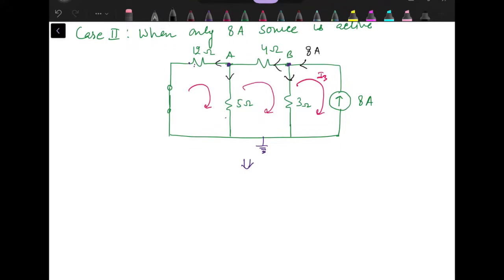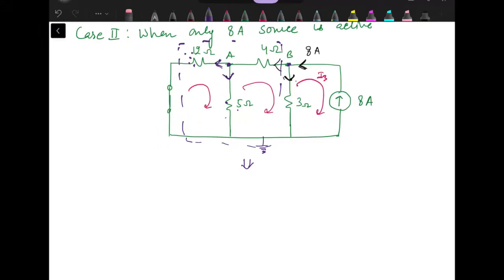So basically, how the 8 ampere current is getting divided, that is decided by this 3 ohm resistance, and all these three resistances which are connected over here. So we can replace this by an equivalent by calculating the parallel combination of 12 and 5 ohm resistance, since they are connected in parallel. Because what we have seen, the current is getting divided over here.